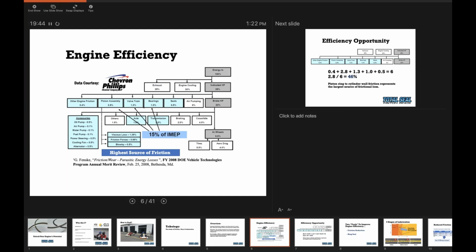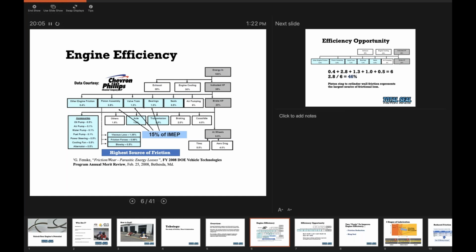Half of that is just air pumping. It's a 4-cycle engine, so there's just wasted energy because of being a 4-cycle. That's pretty much a fixed deal, right? The other half, that other 6%, is pretty much engine friction.